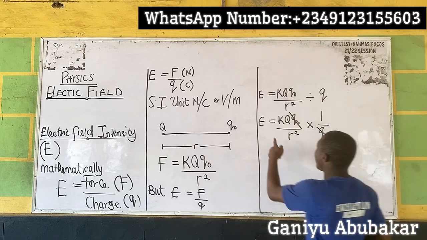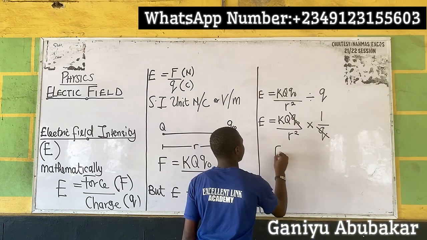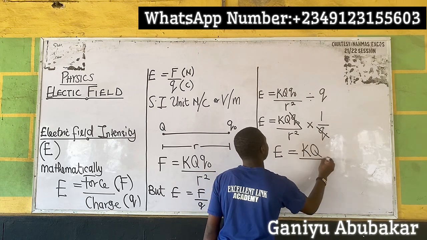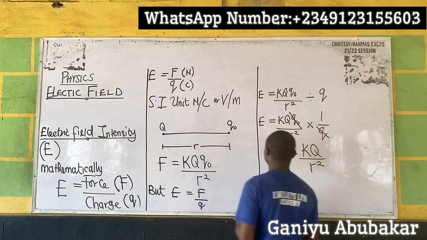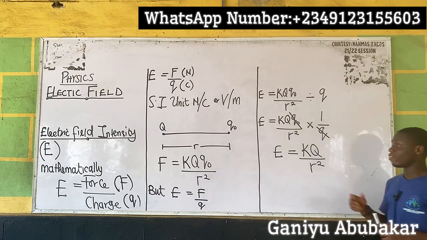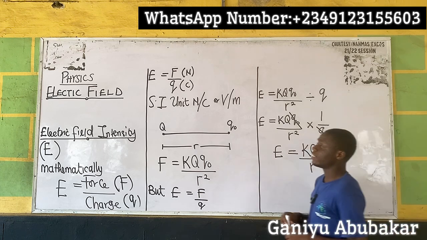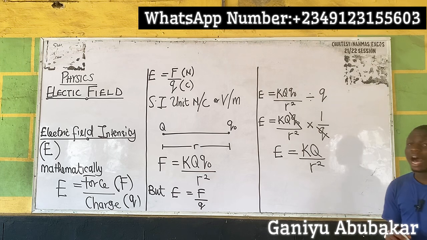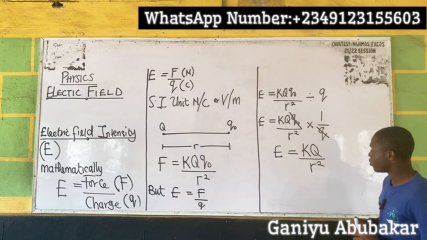The formula for electric intensity is equal to KQ all over R squared. So it becomes another formula for calculating electric field intensity, in the form KQ all over R squared. So I've gotten this expression.